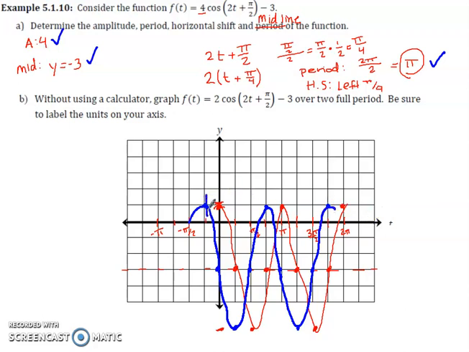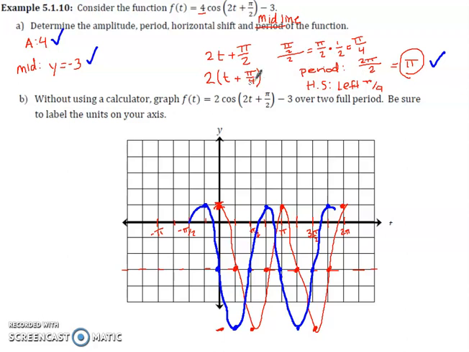So I start a cycle here, end a cycle here. There's my first full cycle. Then I start my second cycle here, and I end my second cycle here. So I have completed 2 full periods of my graph of this cosine function.